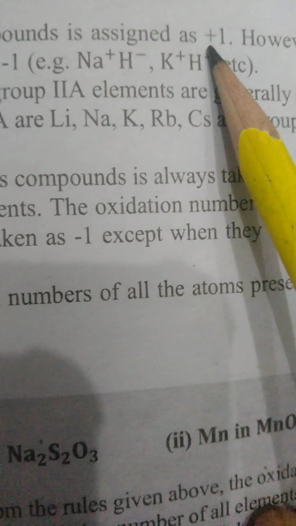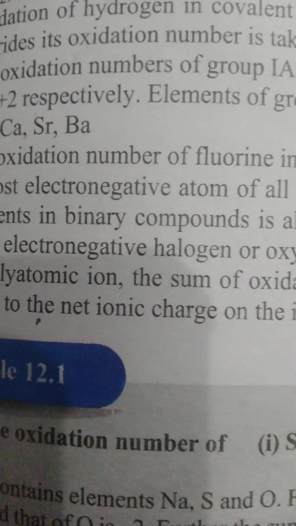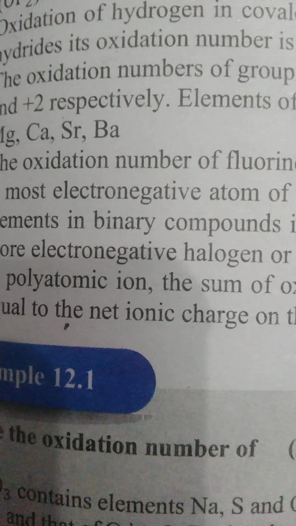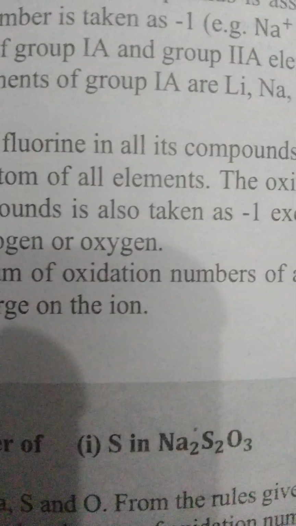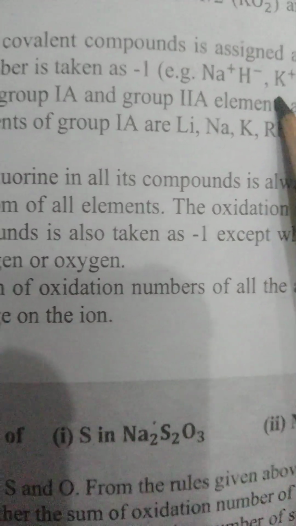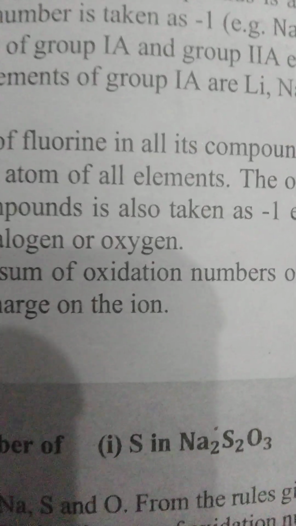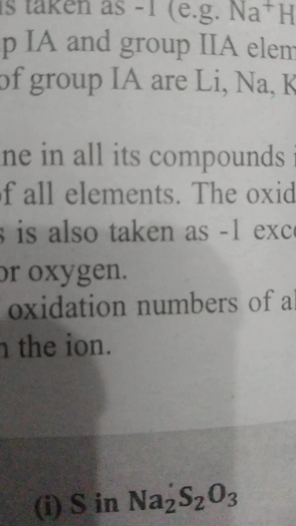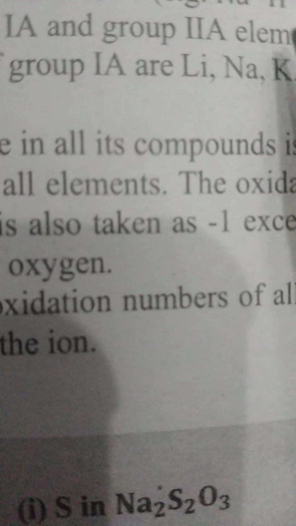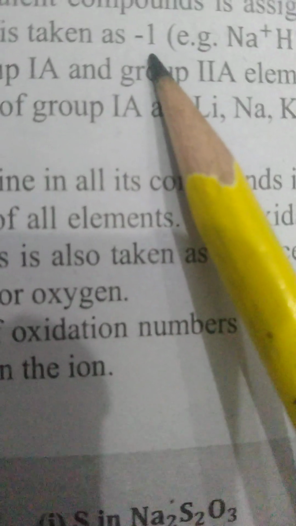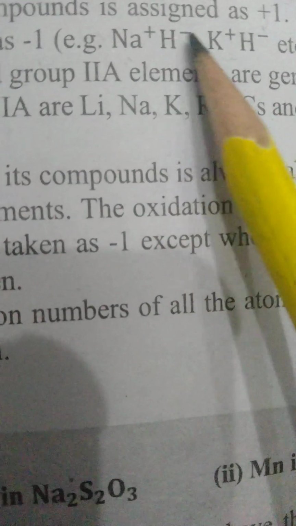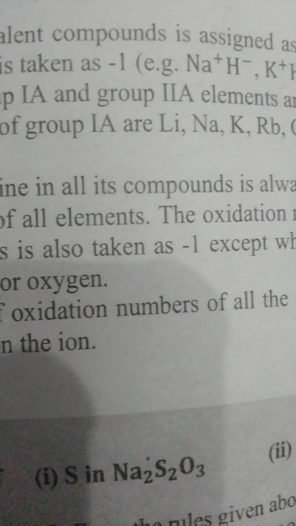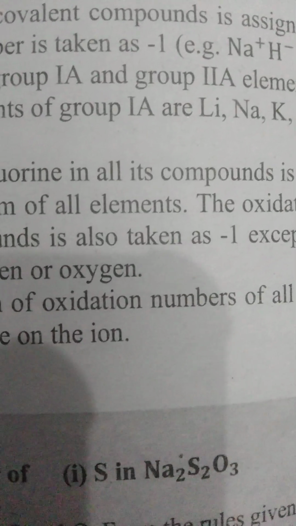But what about when it is combined with a metal, like sodium or potassium? In that condition, in a metal hydride, the oxidation number is taken as -1. Here hydrogen is -1 because it is combining with metals as hydrides.